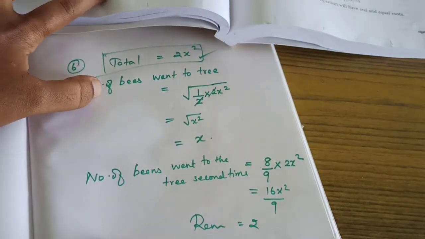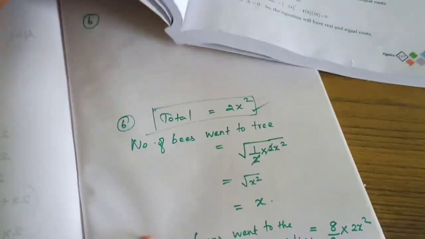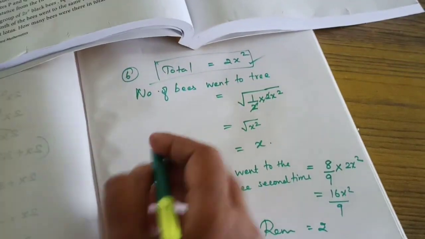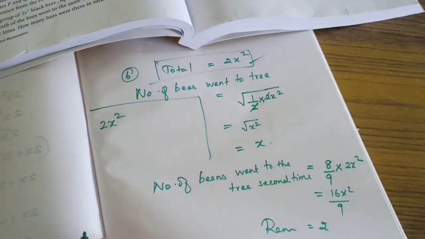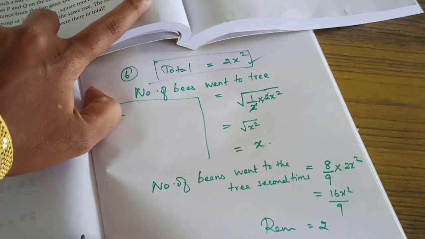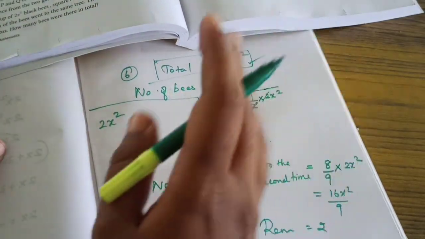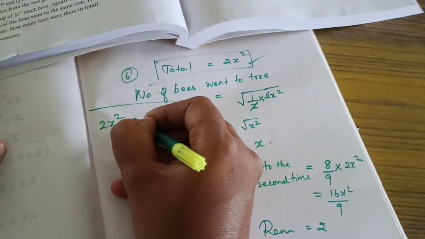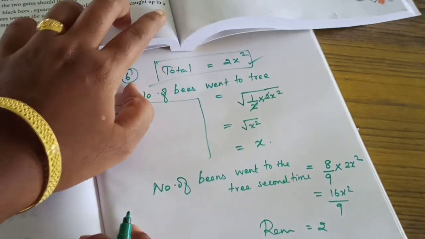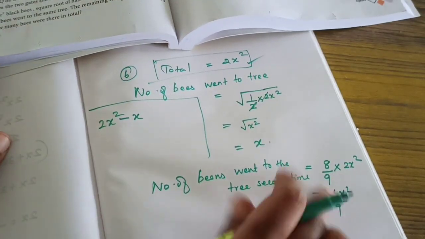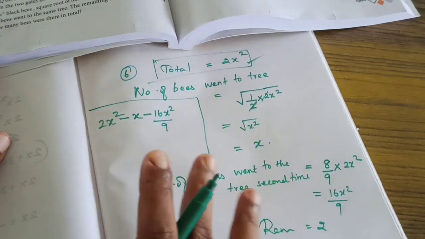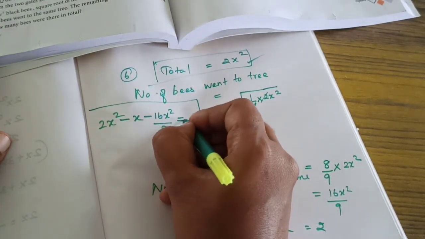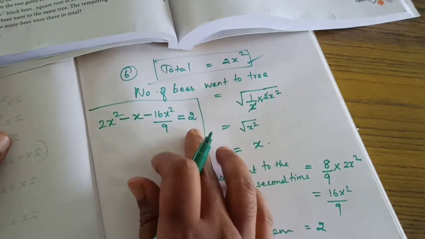So from a group of 2x square black bees, listen carefully, the hint I will give here. From the group of 2x square, the square root of half went to the tree, no? Went means it flew away. So minus x. Then again 8/9 of the bees, minus 16x square by 9, went to the same tree. Remaining means equal to 2.